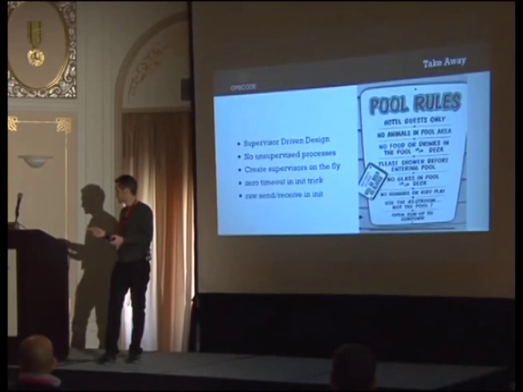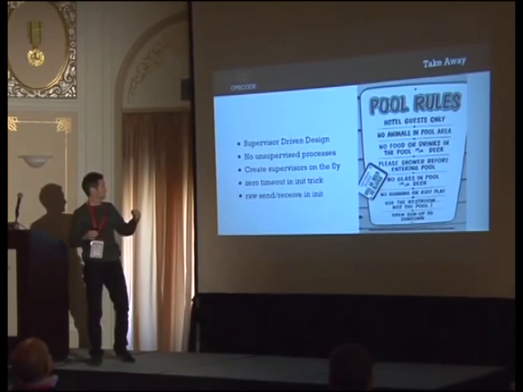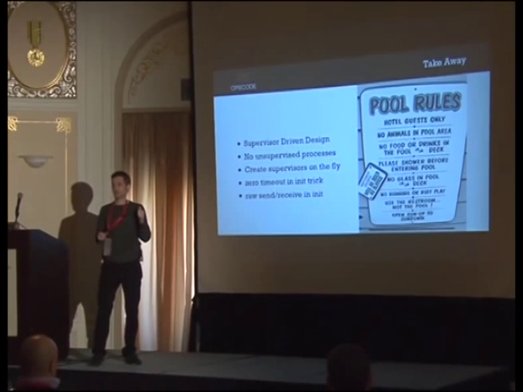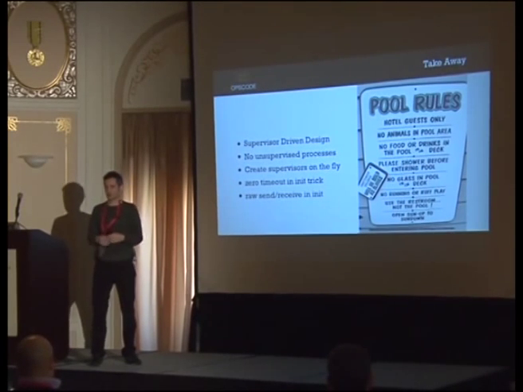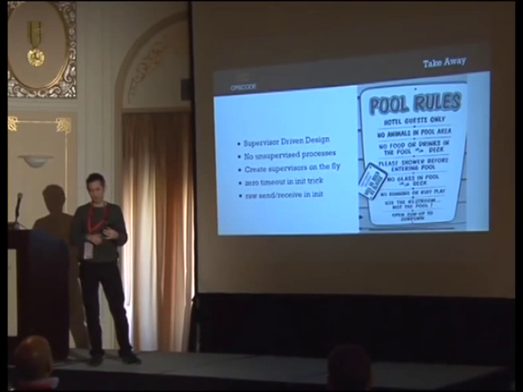So the code's on master. Overall takeaways: think about the supervisors and what the tree looks like and how you want the failures to work, and think about that shape as a way of driving your design. I think that's really useful. Make sure everybody's supervised.